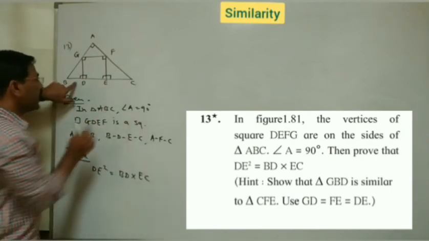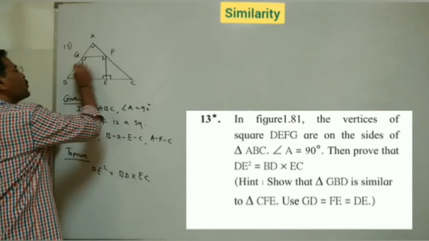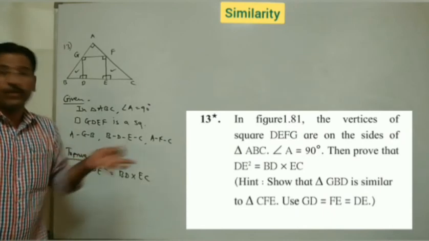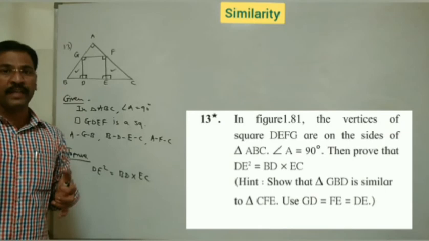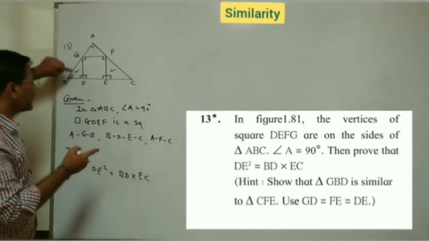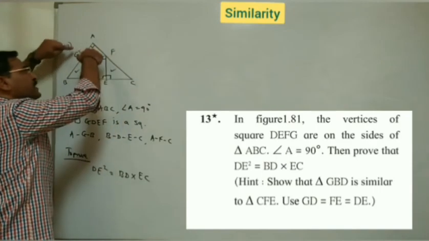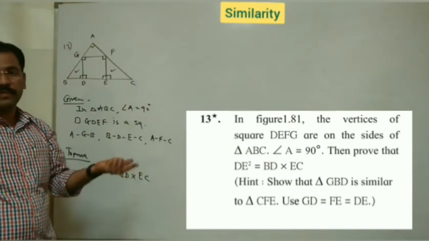Okay. Now here BD and EC should be there. BD and EC means we need these two triangles. Whether these two triangles are similar, they are not directly related, but by the property of transitivity, we can think. If this one is similar to this one, and this one is similar to this, then both of these become similar.